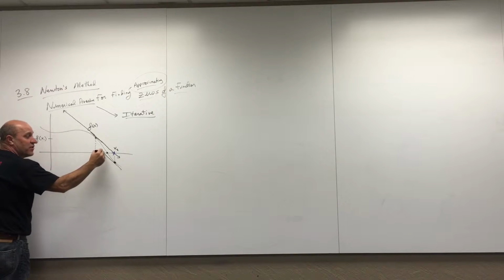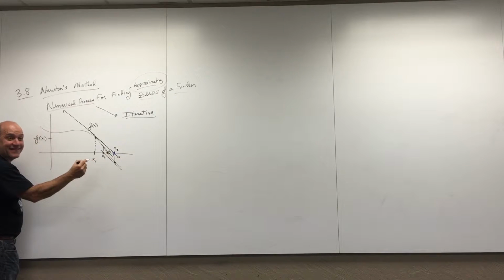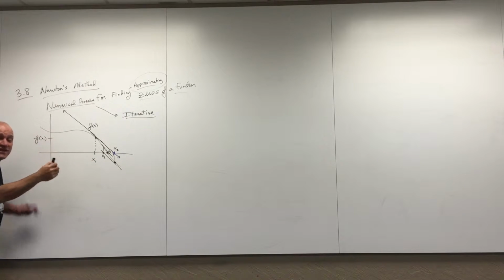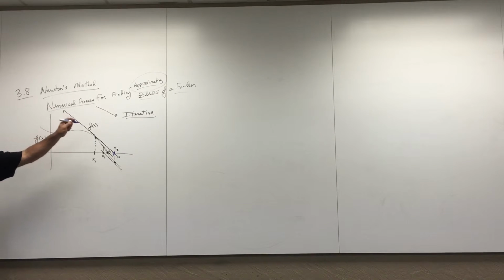Now watch this. Plug in x3, find the tangent line on the function. Holy shamoly, look at that. That's x4. The more times you do it, it zeroes in. It's an iterative numerical procedure that converges toward the x-intercept after several iterations of this.